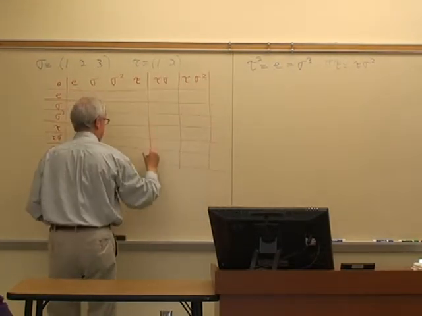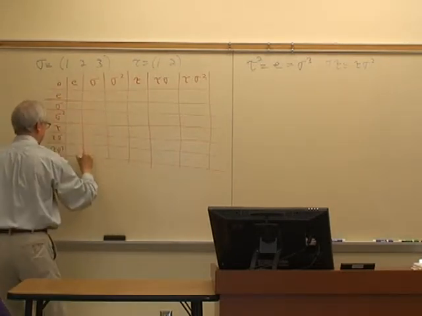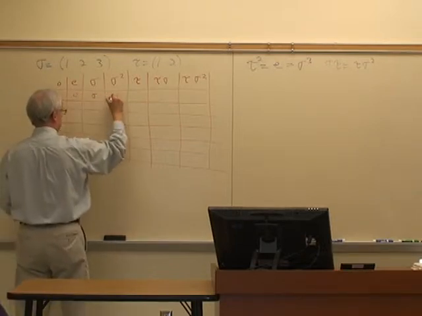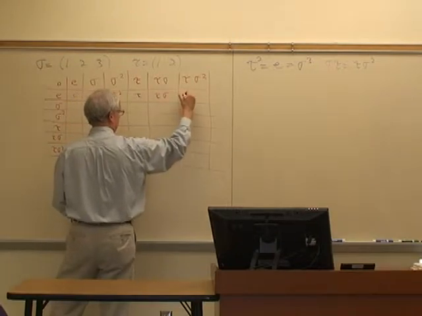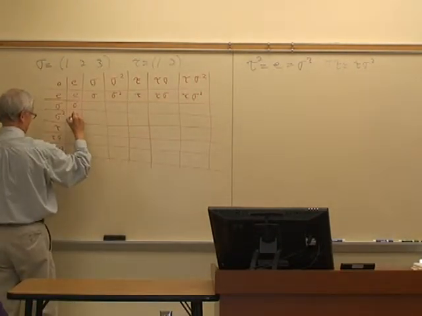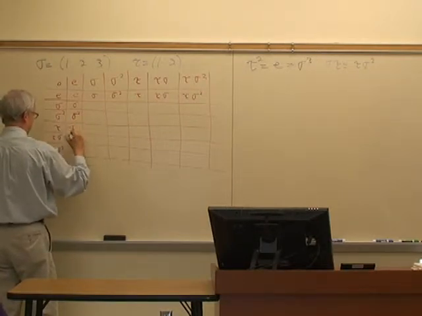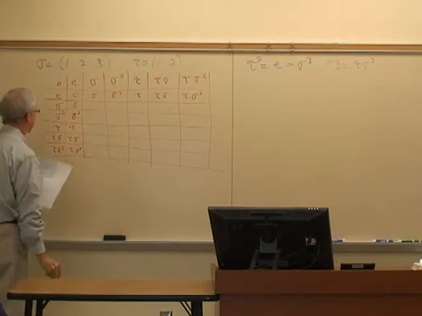So what do we know? We know the identity just leaves everything alone, so I can fill those in real quickly. We have those on the board: E, sigma, sigma squared, tau, tau sigma, tau sigma squared, and also down the column.